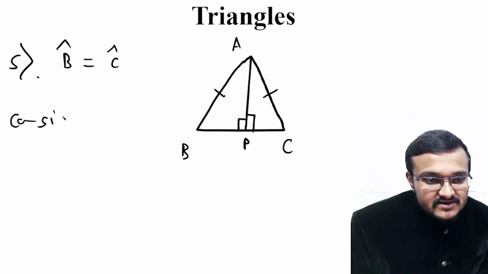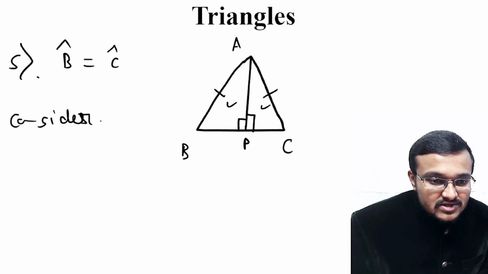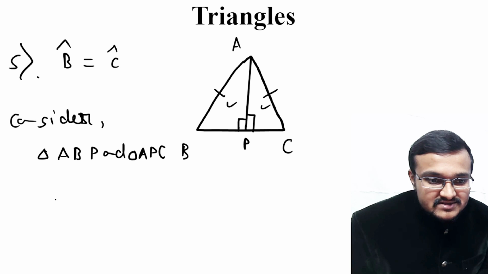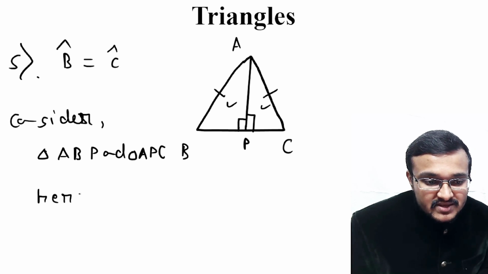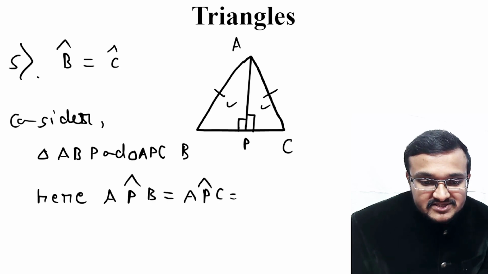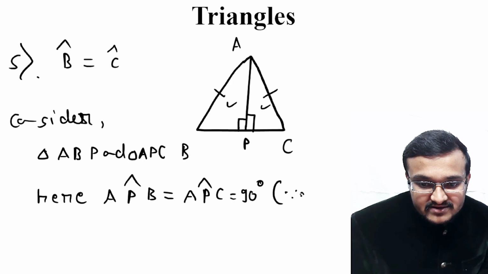Now we will consider these two triangles, that is ABP and APC. So consider triangle ABP and triangle APC. So here this particular angle APB is equal to angle APC, which is equal to 90 degree. This is already given since AP is perpendicular to BC.